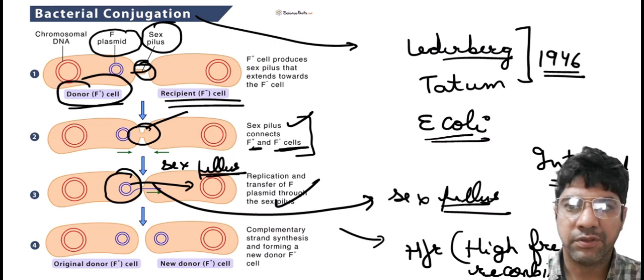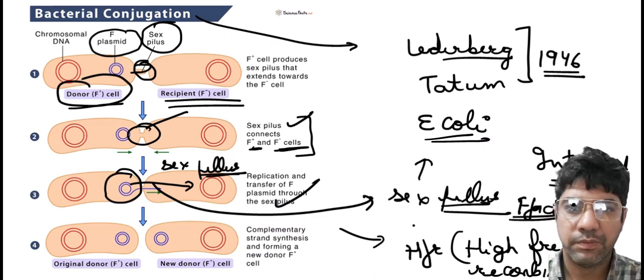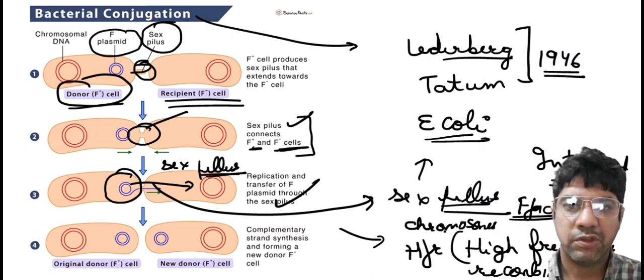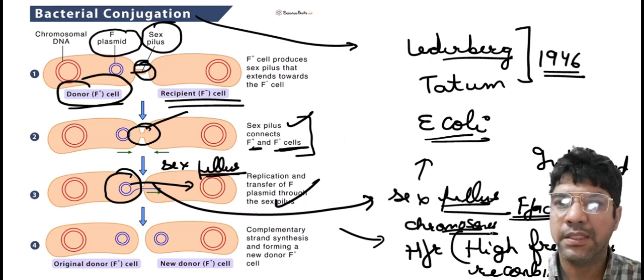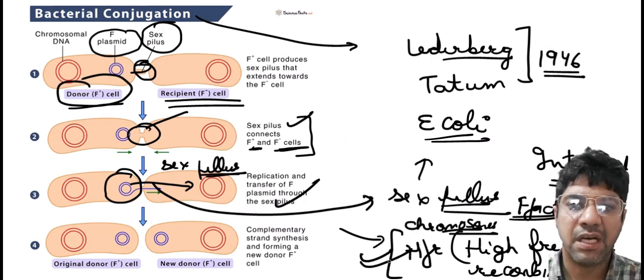So these have the F factor integrated into the chromosome. These cells will have the ability to transfer chromosomal genes to the recipient cells with high frequency during conjugation.